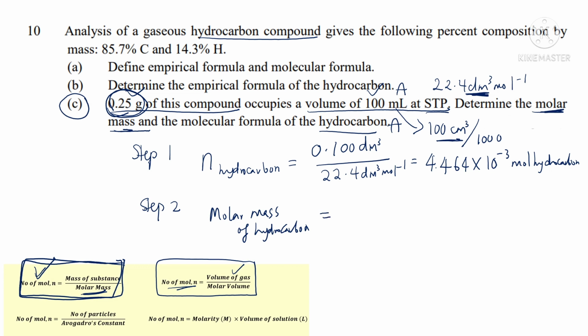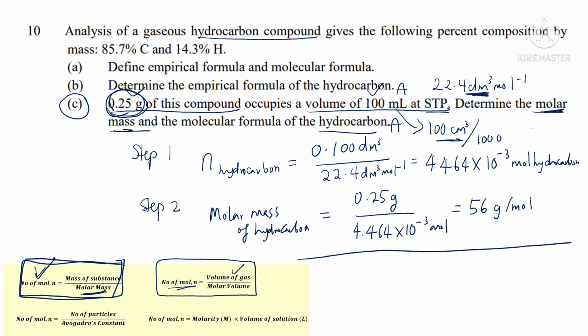Basically, the mass of the substance, 0.25 gram, we divide by the number of moles, 4.464 times 10 to the power of -3 mole, to give us the molar mass of the hydrocarbon as 56 gram per mole. So this is the first part of the question. We use the two steps to find the molar mass of the hydrocarbon.